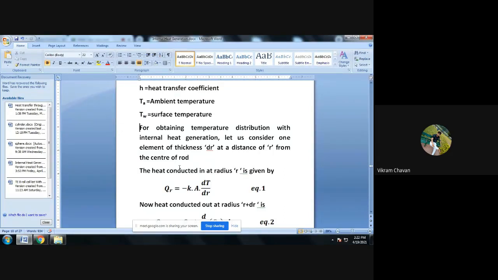According to Fourier's law, we know that it is minus k multiplied by a multiplied by dT divided by dx. But here, the thickness of that particular rod we have to consider as a radius difference.